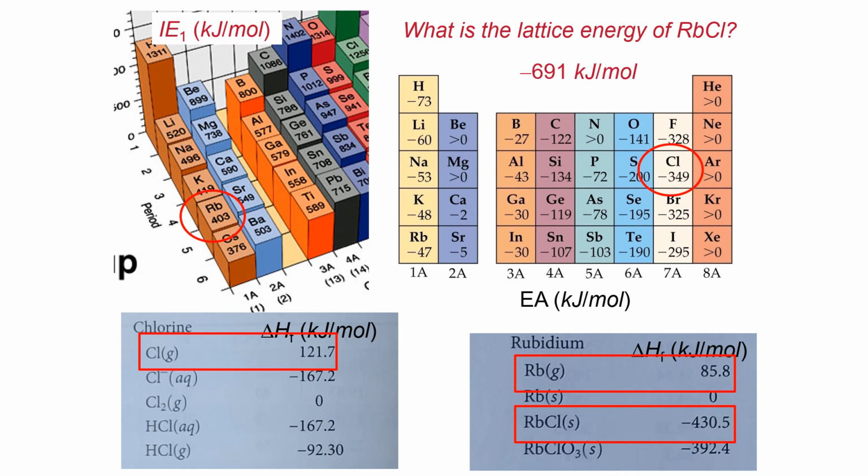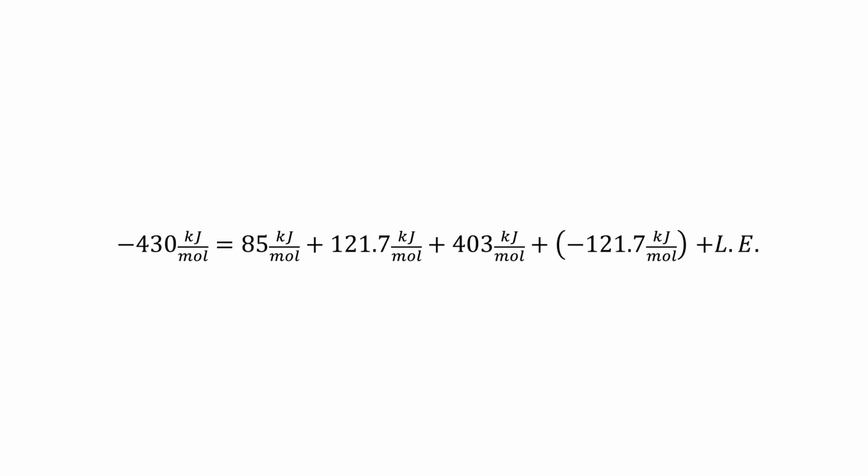And the answer is -691 kilojoules per mole. So let me show you how we got that, if you're interested. All right, and here's how we got that. So usually you start off with the enthalpy of formation, which some of the information said was -430 kilojoules per mole. The enthalpy of sublimation we actually got from the heat of formation of gas phase rubidium atoms, and that was the +85.